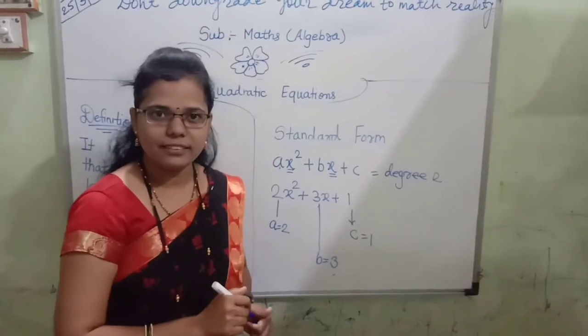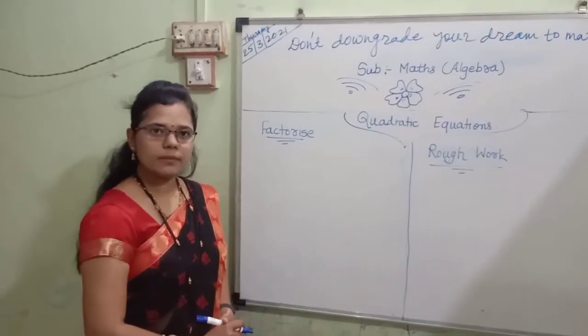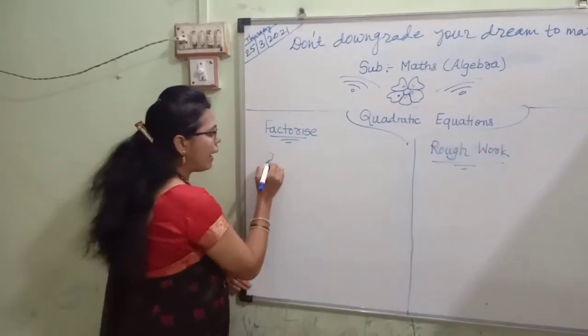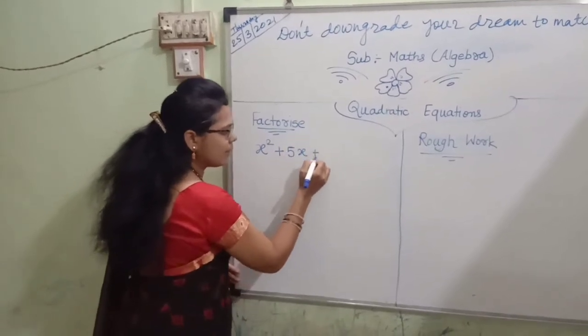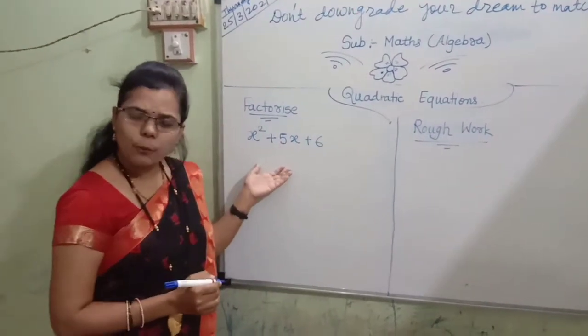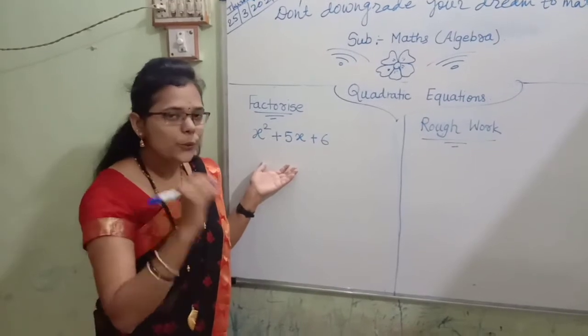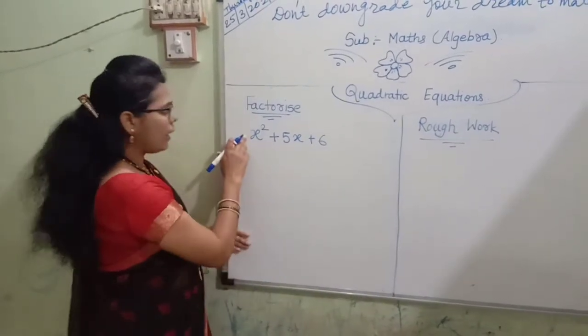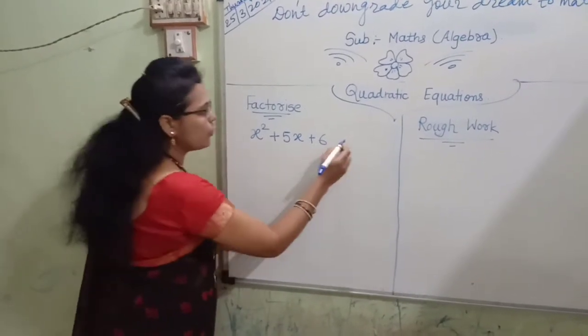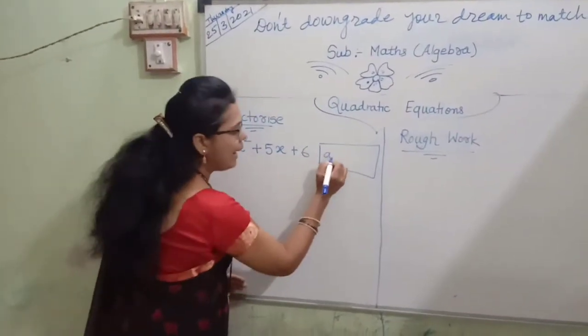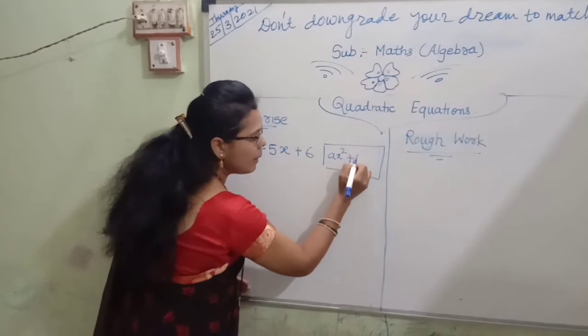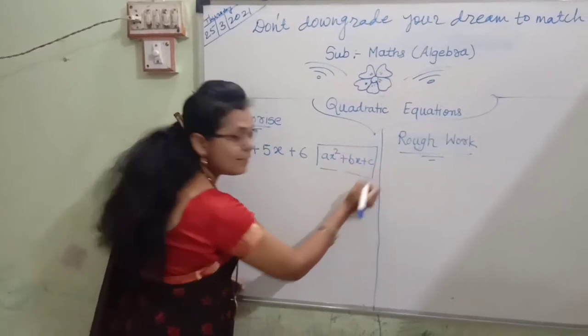See children, x square plus 5x plus 6. Is it a quadratic equation? What are you thinking? A's value is not here, but you know the standard form of a quadratic equation: Ax square plus bx plus c.